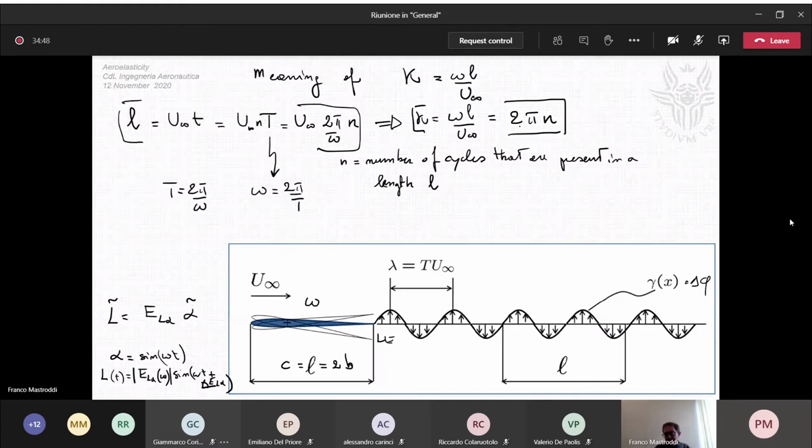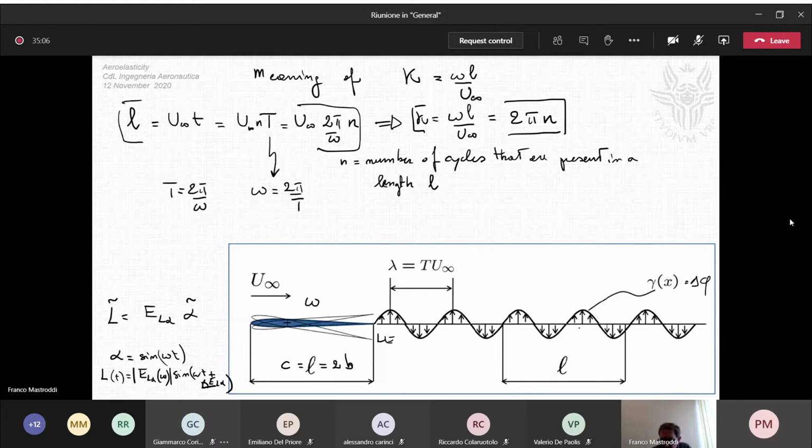So kappa is a measure of how many cycles of disturbance on the wake are inside a length, apart from the 2 pi factor.